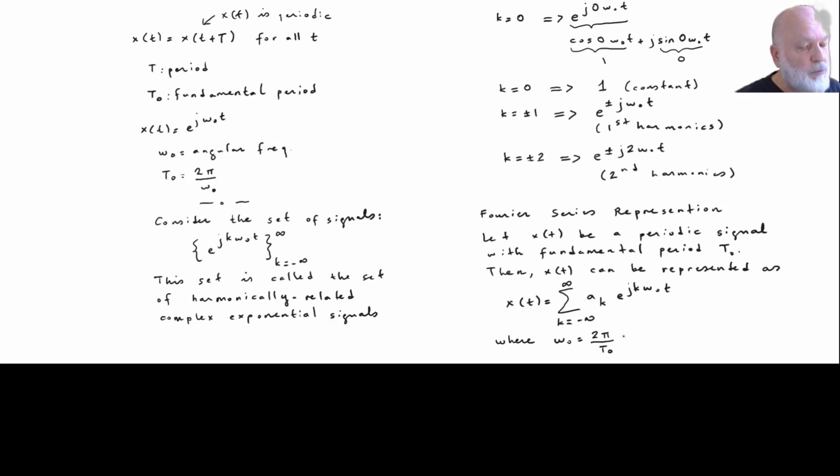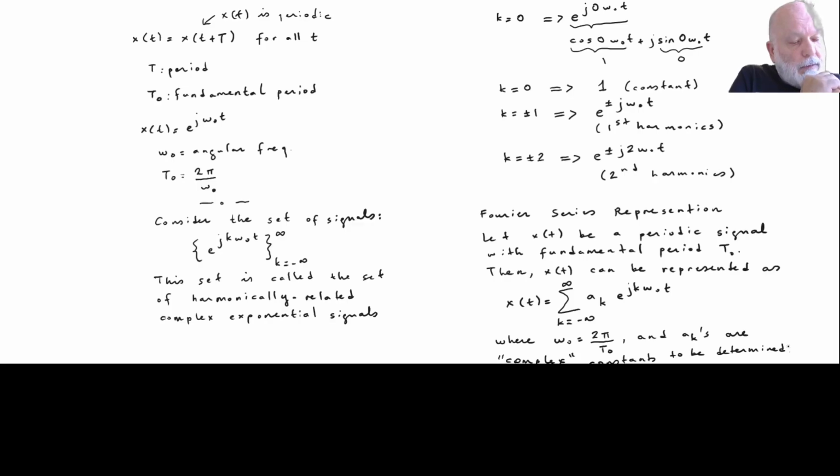Omega 0 is equal to 2 pi over T0, and the a k are, well, they can be real as well, but in general they are complex constants to be determined. Okay. Now this is the so-called Fourier series representation of the periodic signal.